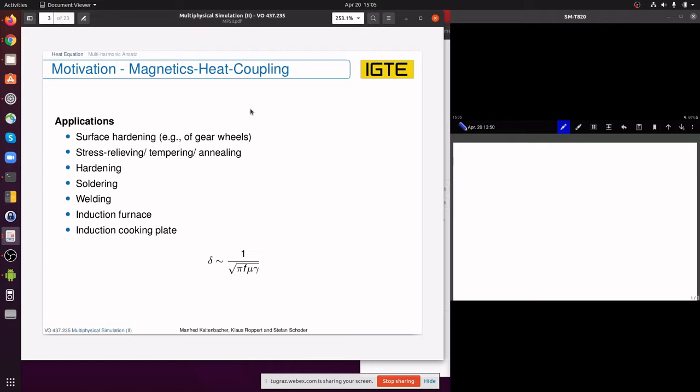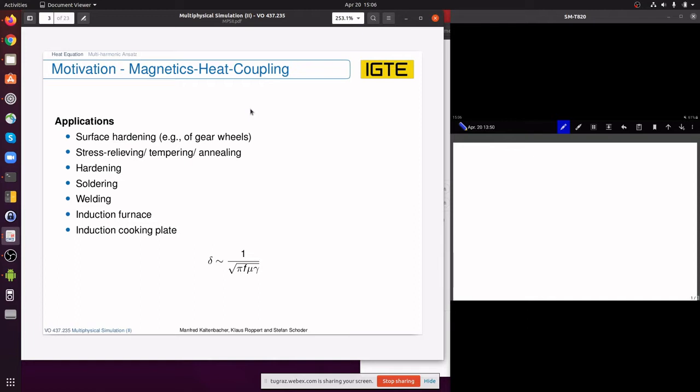mechanical engineering parts, where you, for example, heat some gear wheels or some crankshafts, and mainly used to heat up the surface, or a thin region at the surface, which is then maybe cooled to increase the hardness of the material.